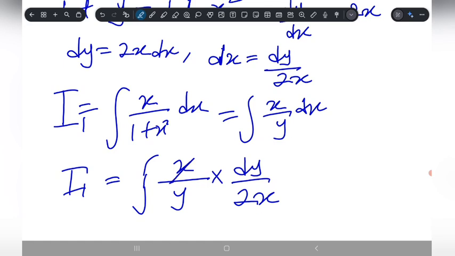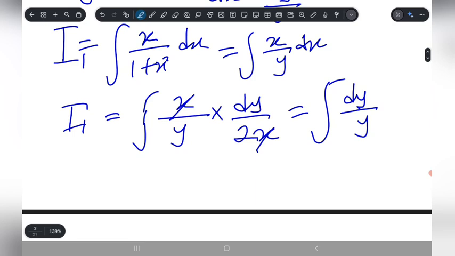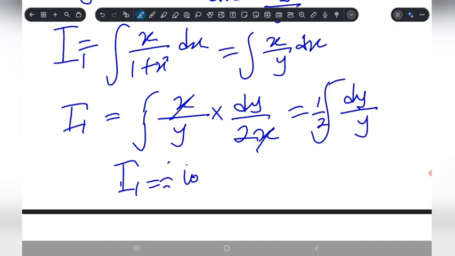The x cancels, and I1 will be the integral of dy over y, with a half in front. This is a logarithm form: the integral of 1 over y gives log y base e. So this is the value of I1.